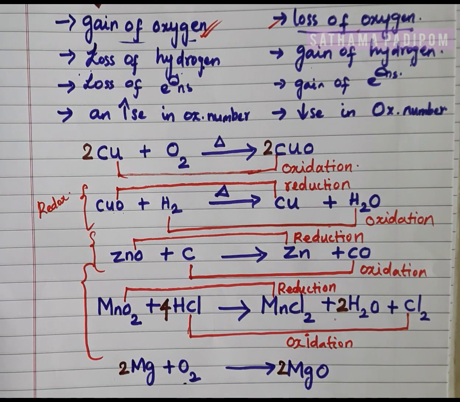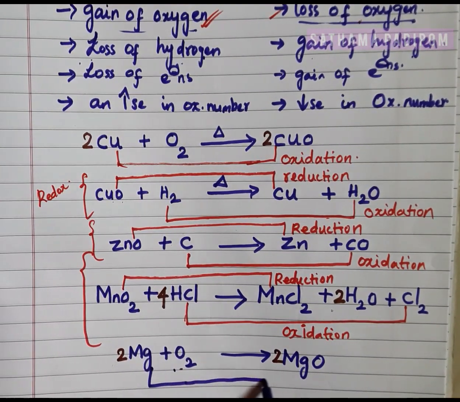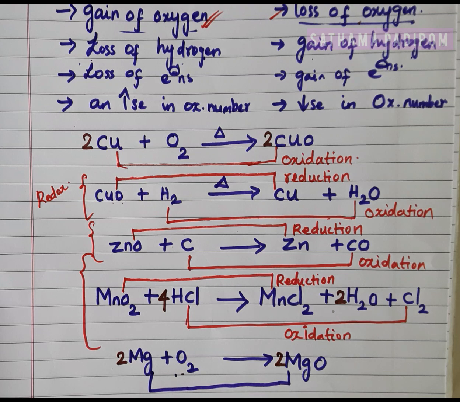Now tell me which type of reaction it is, whether oxidation, reduction or redox reaction. Here only one product you are getting. Here magnesium is oxidized. Look at the product side: it gains the oxygen. So gain of oxygen is known as oxidation. So this reaction is known as oxidation. Okay, very clear?